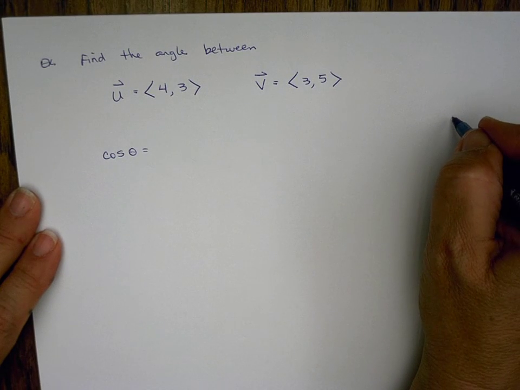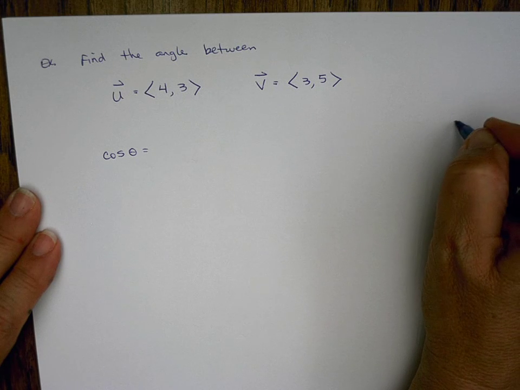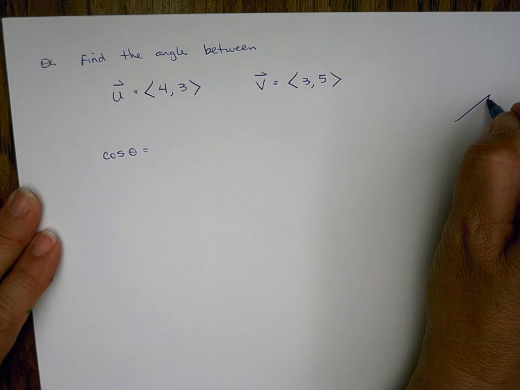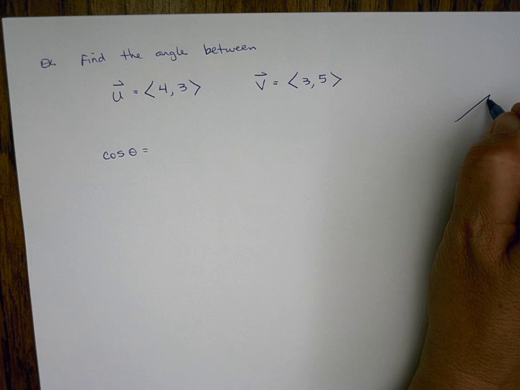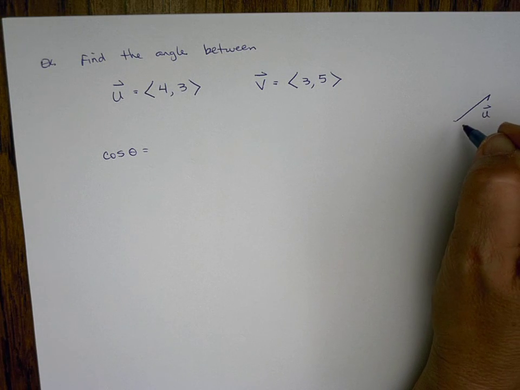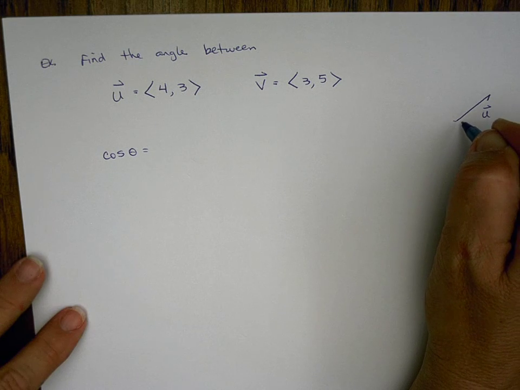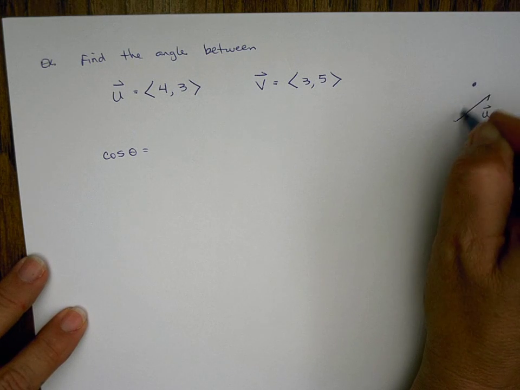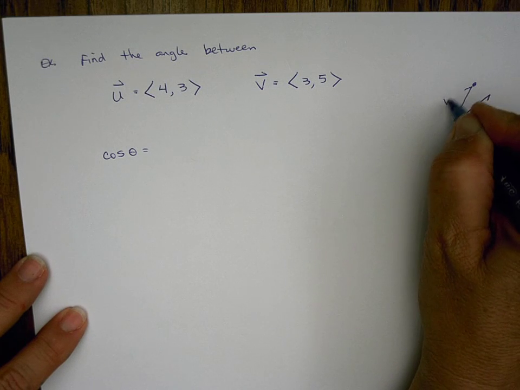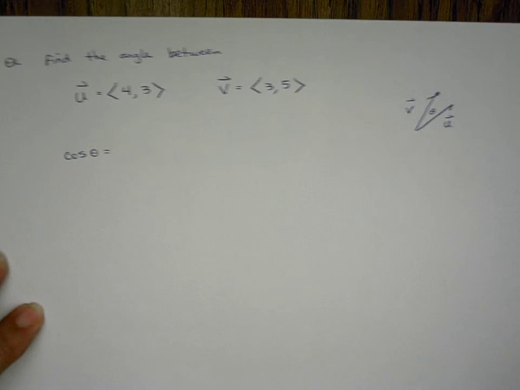So if I were to draw this, if I start here, I'll go to the right 4 and up 3. That's u. V is to the right 3 and up 5. So they're looking for that angle in between those two vectors.